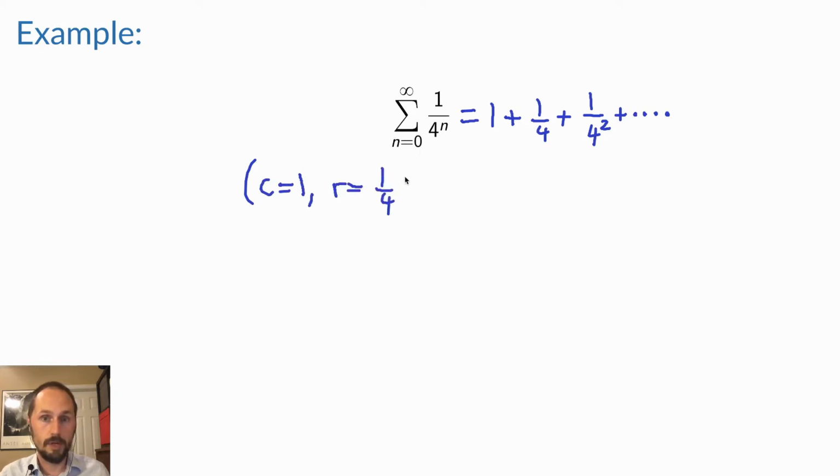So we know how to plug this into our formula that we have, and we just go ahead and do that, right? The ratio here, a quarter, is less than 1, so we're good. The absolute value of r is less than 1, so it converges. That's good.